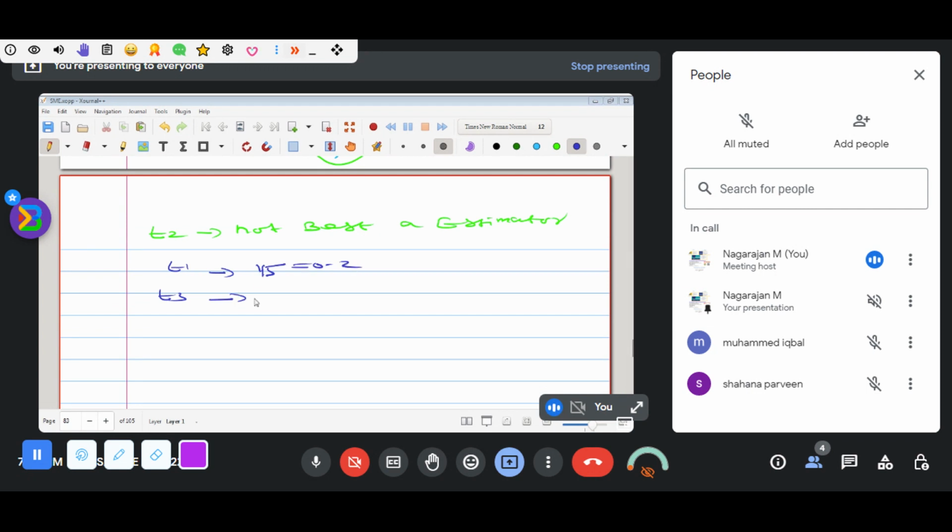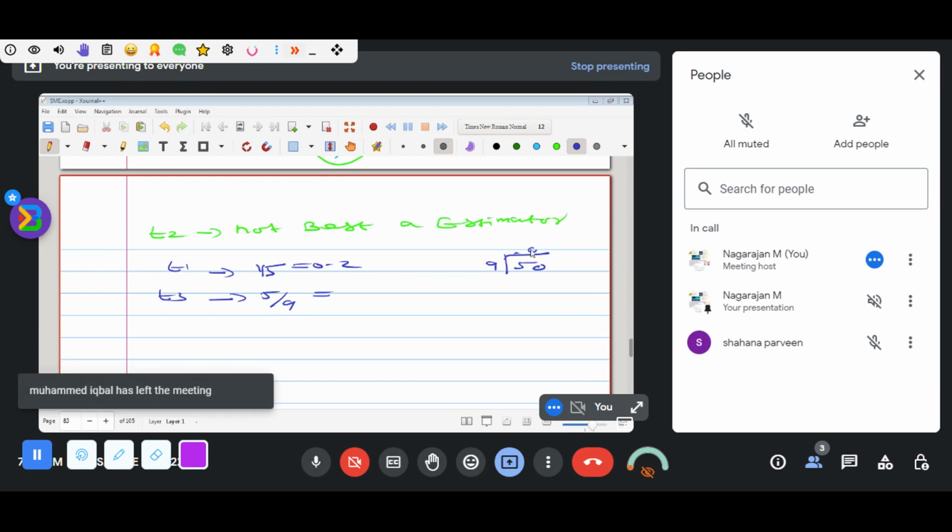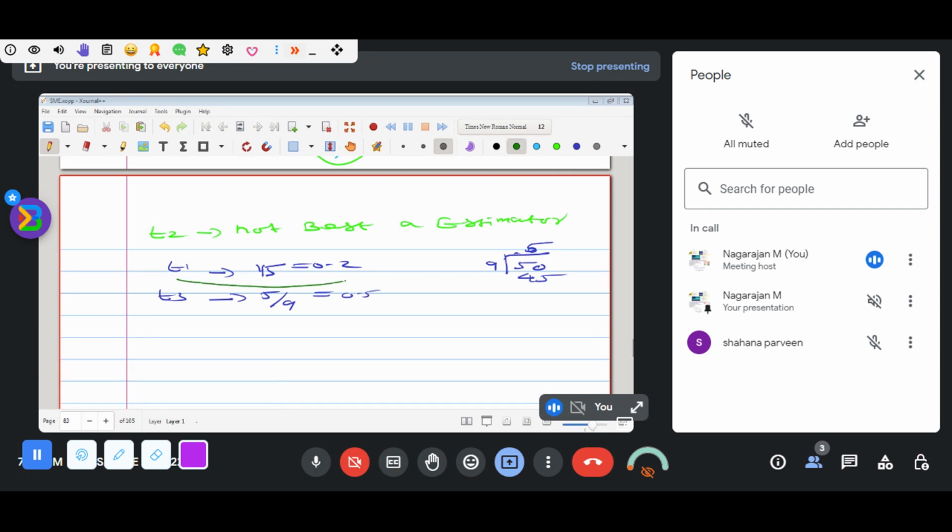The next one is 5 by 9, which means nearby 0.5. The very smallest value is the very good, best estimator.